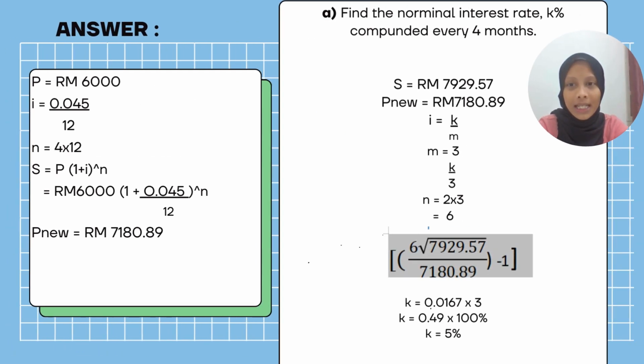For question A, P equals RM 6,000, I equals 0.045 divided by 12, N equals 4 times 12, so we can put it into the formula.